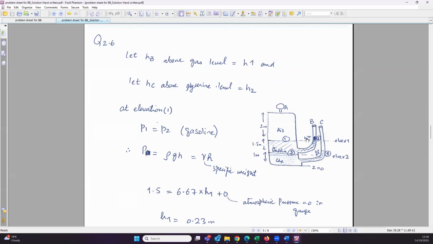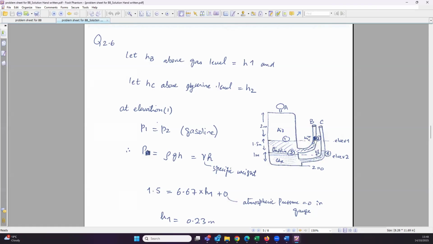You can call it HB, HC, whatever you want to call it. Similarly, points 3 and 4 are at the same elevation, but there is some fluid on top of point 4, and that's what we are calling H2. Okay. Now let's look at elevation 1. And we said that the pressure here is equal to the pressure here.